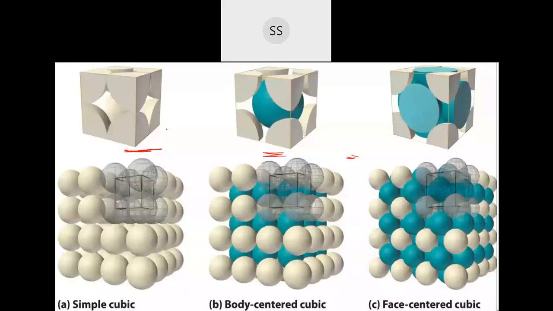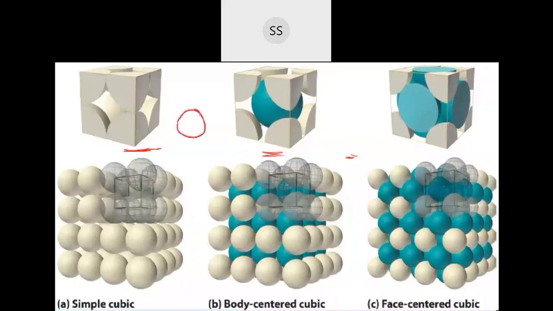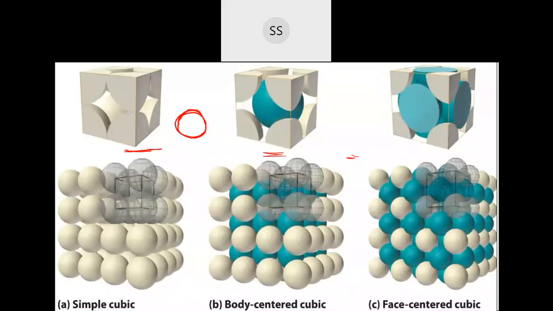They have a spherical shape, so you can't expect them to occupy 100%. So 100% of the space will not be occupied. Some of the space will go as waste. That will be a void. Voids will be created. You can see here empty spaces are created, voids are created. This space will go out as a void.